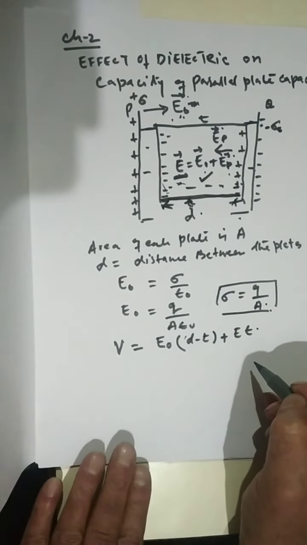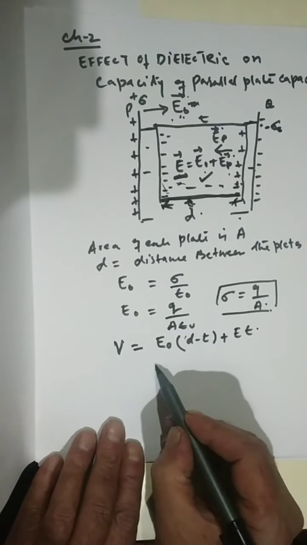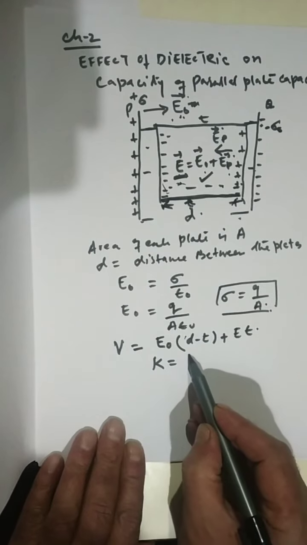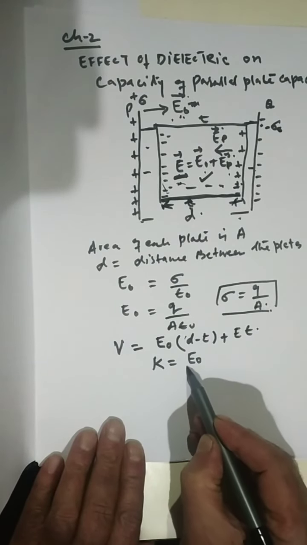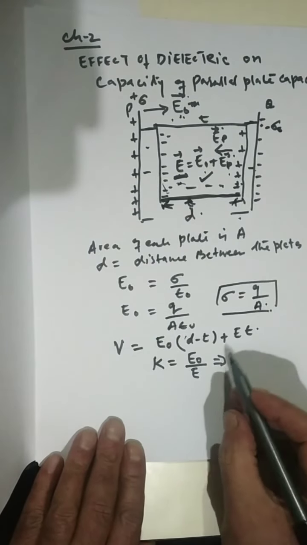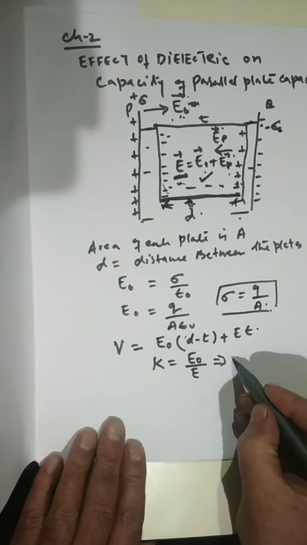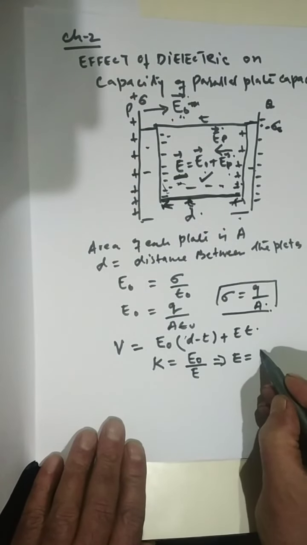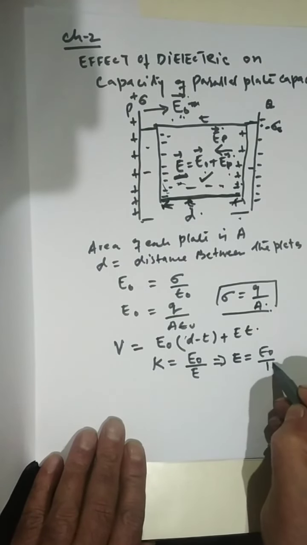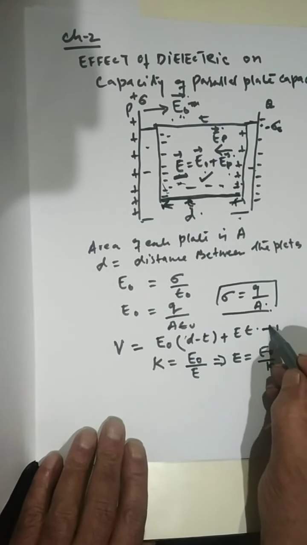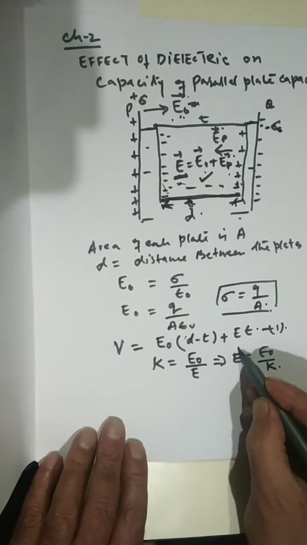Okay, now we know that dielectric constant K is equal to E0, the ratio of external field to the reduced field, which implies that reduced field E is equal to E0 divided by K. Let us suppose that this is equation 1, and we substitute for E in this equation.